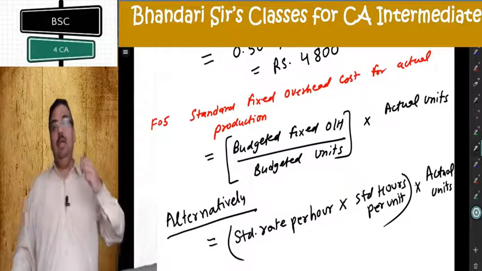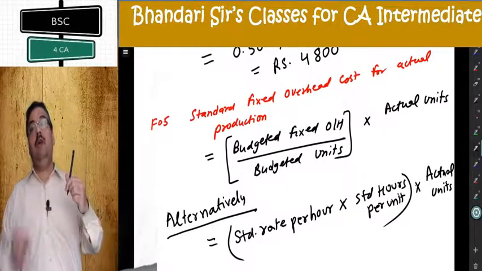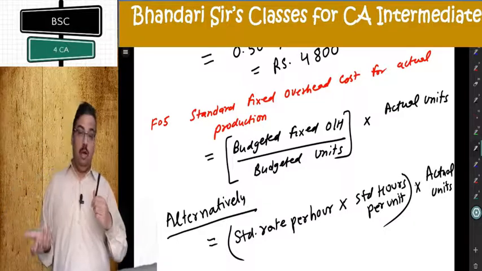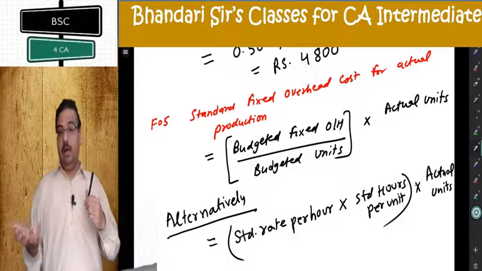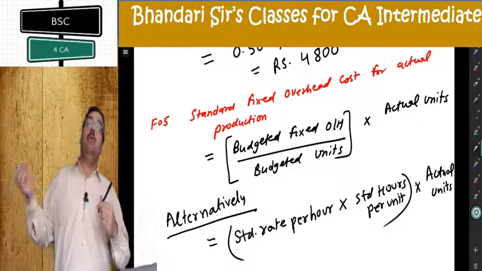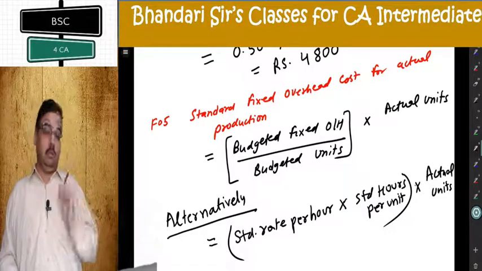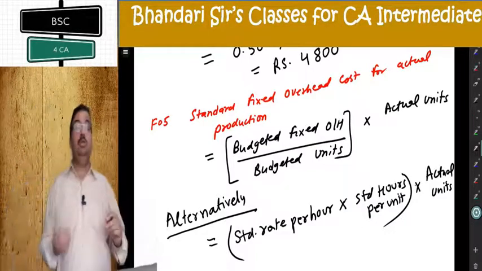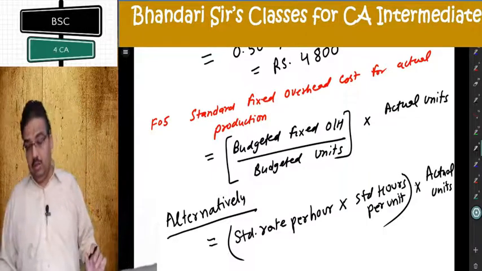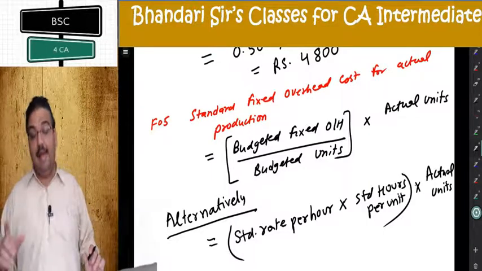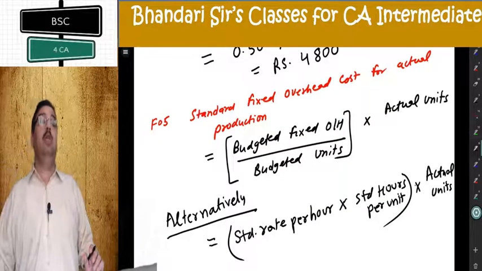If you can recall, I gave you the example also. If in making the marker there is 5 rupees per hour overhead cost, and there are 2 hours to complete one unit, so 10 rupees per unit is the cost. Whenever the question gives you standard hours per unit, which are given in this question as 11, I told you it is an important figure.